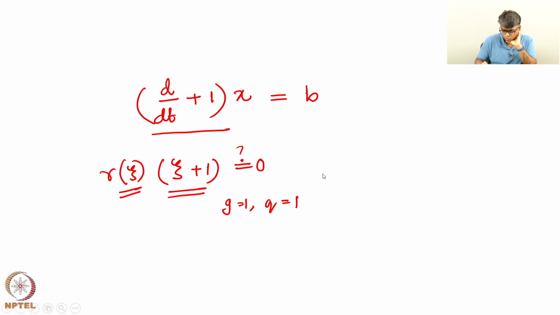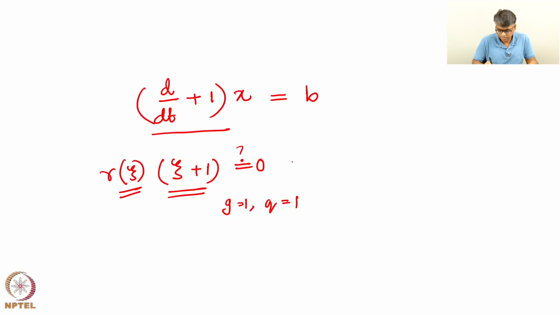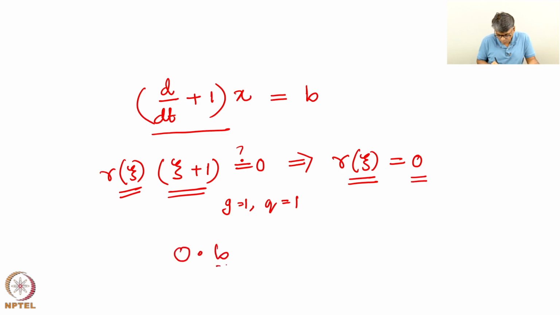So if this is 0, then that necessarily means that R(xi) must be the 0 polynomial. Only the 0 polynomial can kill xi plus 1. Now, the 0 operator acting on any trajectory produces 0, isn't it?